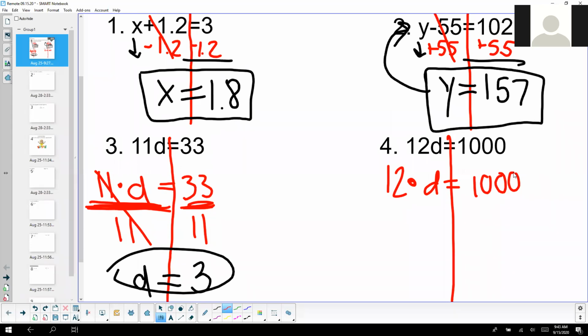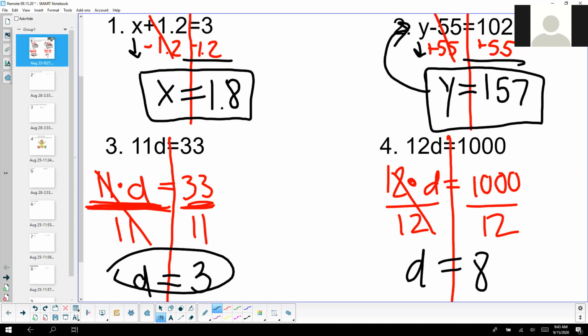So I can undo that multiplication by dividing both sides by 12 to get d by itself. I'll rewrite my d, and then I've got 1000 divided by 12. People always panic when they get decimals, but as long as you're confident and know the steps, it's okay to get decimals sometimes.